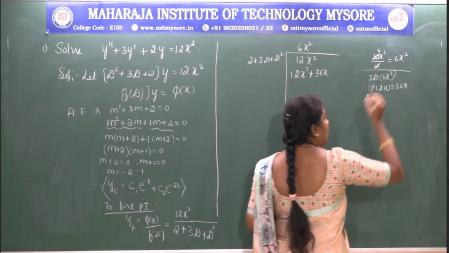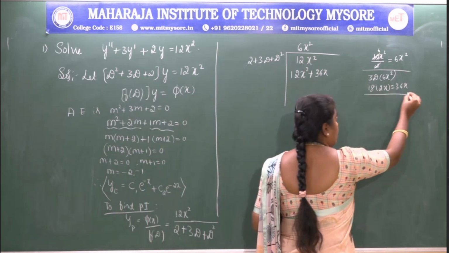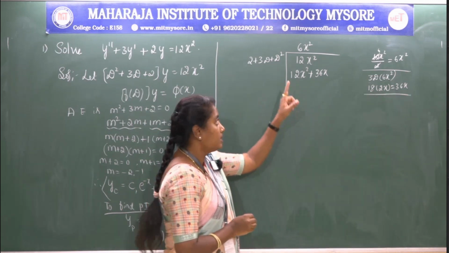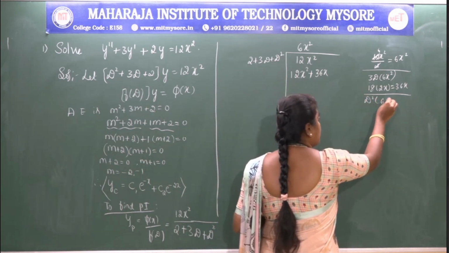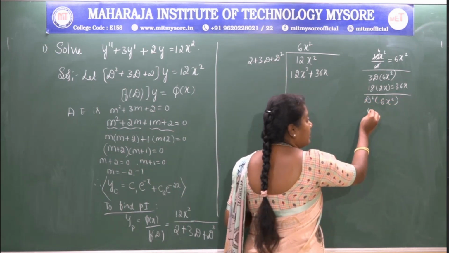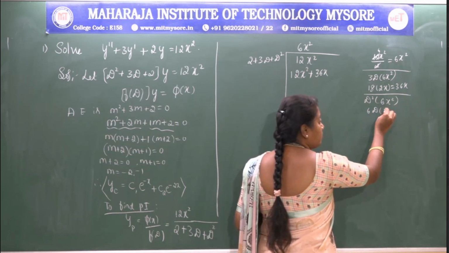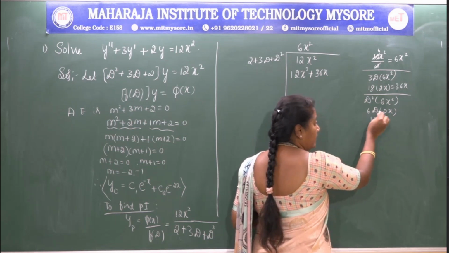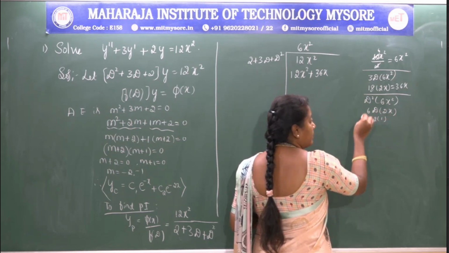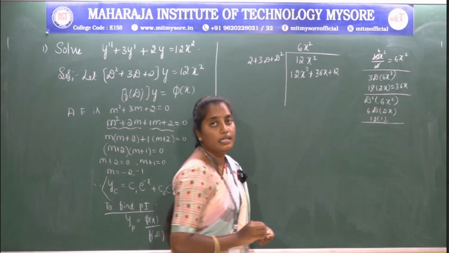This is how to find the quotient element, applying each factor. Next term, D square of 6x square. Writing the constant 6 as it is, differentiating once, differentiation of x square is 2x, 6 twos are 12, differentiation of x is 1. So the next element is 12 into 1, that is 12.